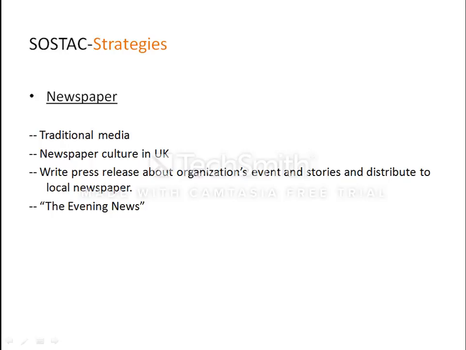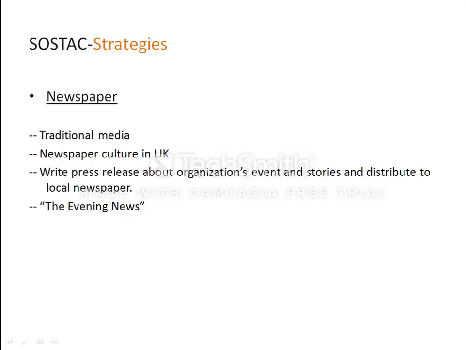The first one is newspaper. Newspaper belongs to traditional media. The newspaper culture of the UK is famous. People reading newspapers can be seen everywhere, and the low-cost way is to write press releases about the organization, events, and stories, and distribute them to local newspapers.